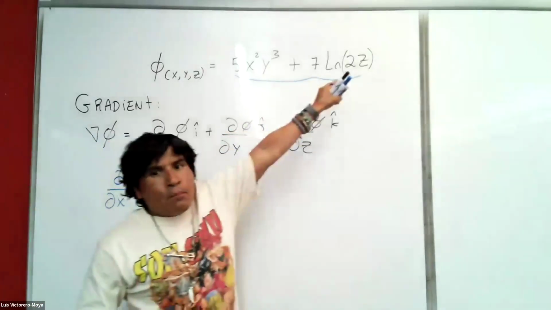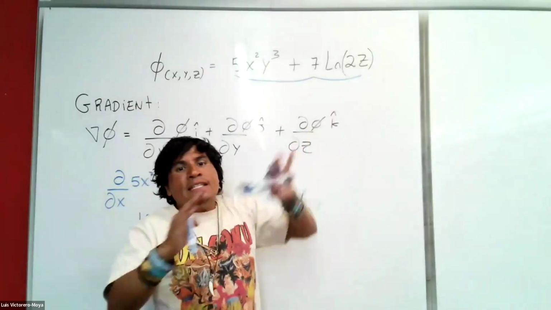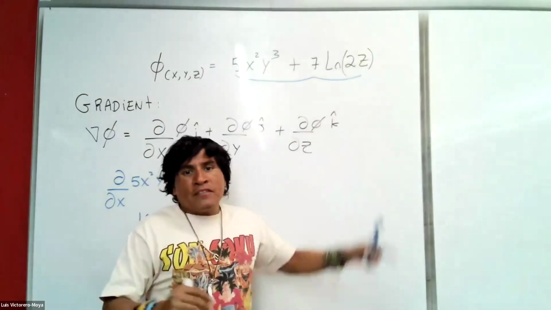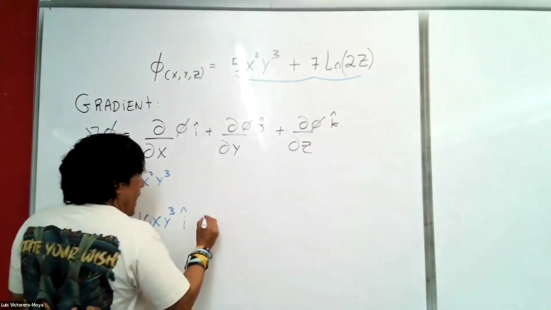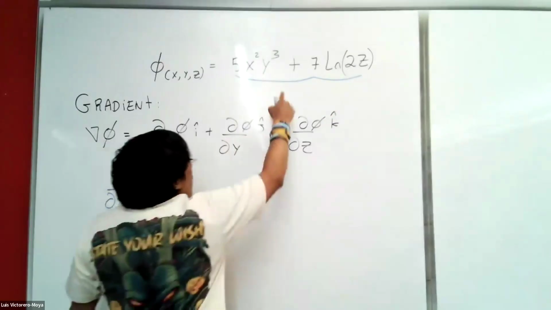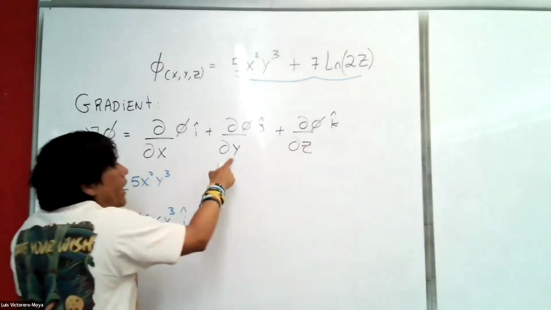Again, if you take the partial derivative of a function just on z with respect to x, there's no x in here.